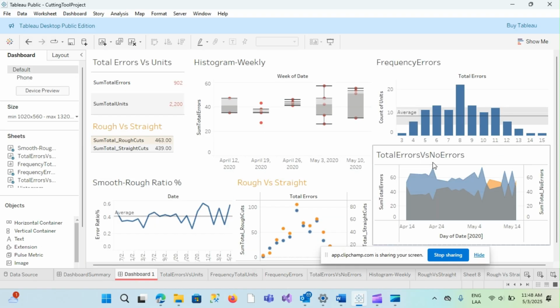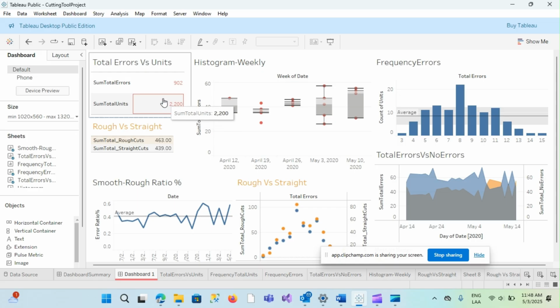Okay, so let me just show you the dashboard here. Most of the dashboard is related to the total errors versus no errors. In this case, I have all of the units, that was 2,200.